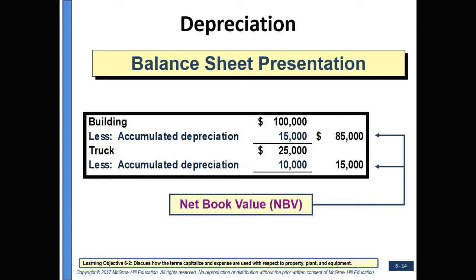This has no direct tie to the current income statement. So while accumulated depreciation on December 31st might be $15,000, the depreciation expense may only be $2,000.